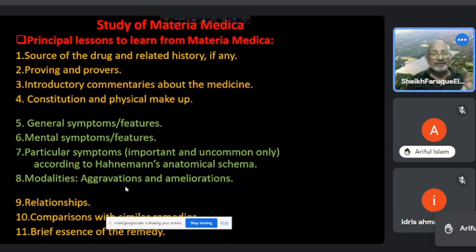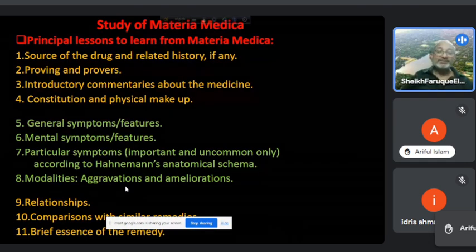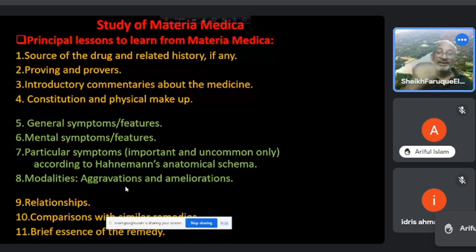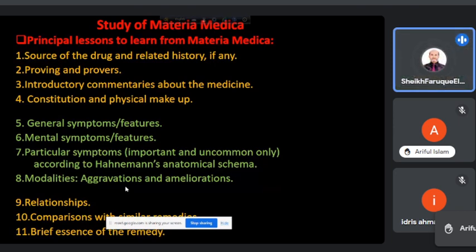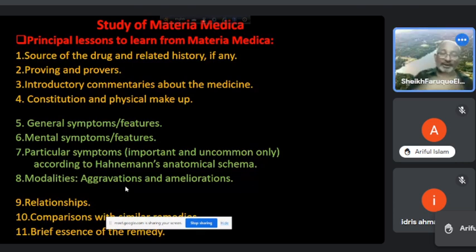Say Phosphorus: its general modality is a chilly medicine. But you find its stomach modality is the opposite. He wants cold things, cold drinks, cold food and everything. So you can find general and particular modalities sometimes different and against each other. So while you study, you should study like this.